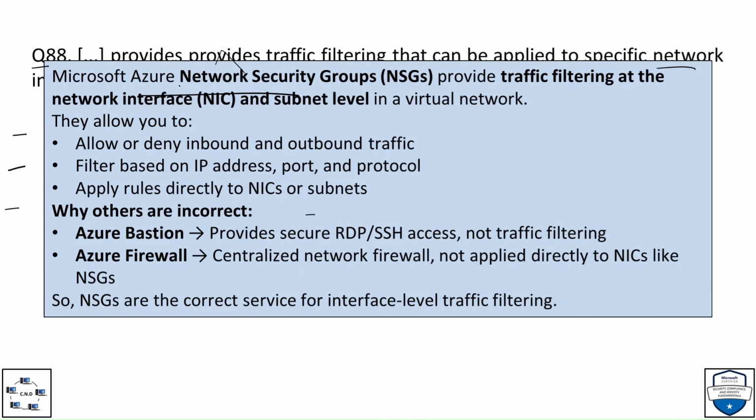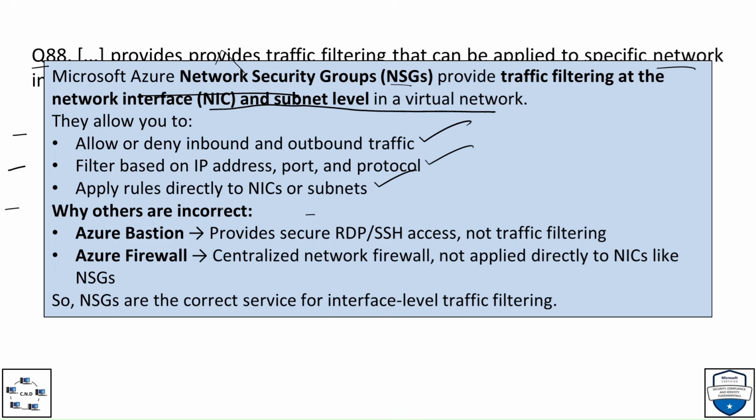Microsoft Azure Network Security Groups provide traffic filtering at the network interface and subnet level in a virtual network. They allow you to allow or deny inbound and outbound traffic, filter based on IP address, port and protocol, and apply rules directly to network interface cards or subnets.